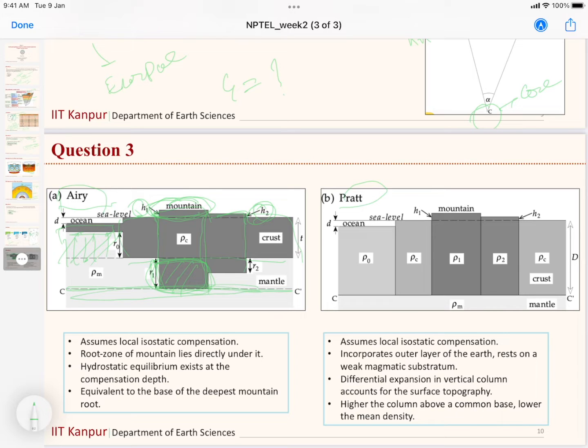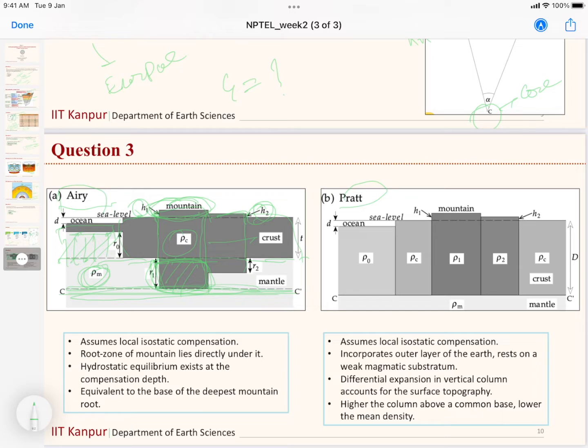So first you need to understand the model, so that's why we are understanding it. I hope you are now aware of all the parameters. So rho C is the crust density, and since this is the boundary representing the crust and the mantle, rho M would be the mantle density. And below the mantle we have the compensation depth. So every mass would be balanced up to this depth, that is the compensation depth.